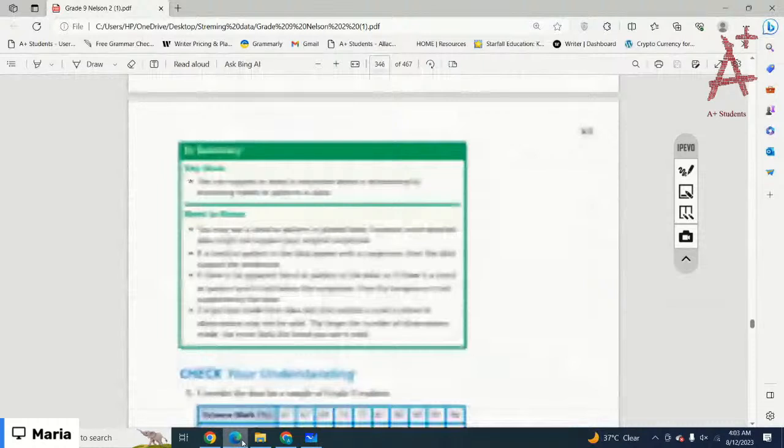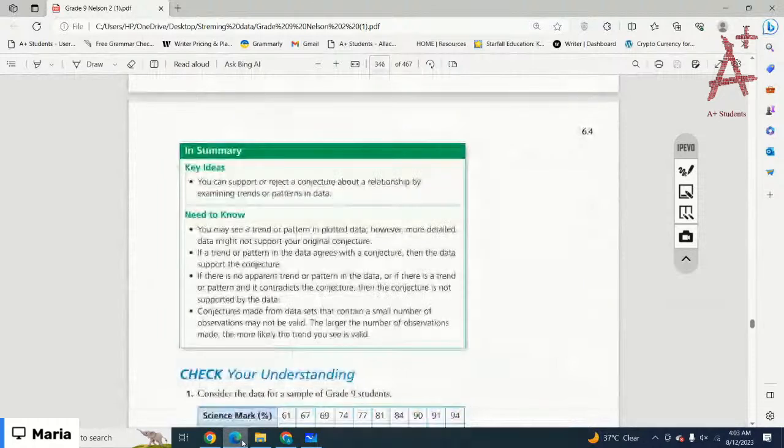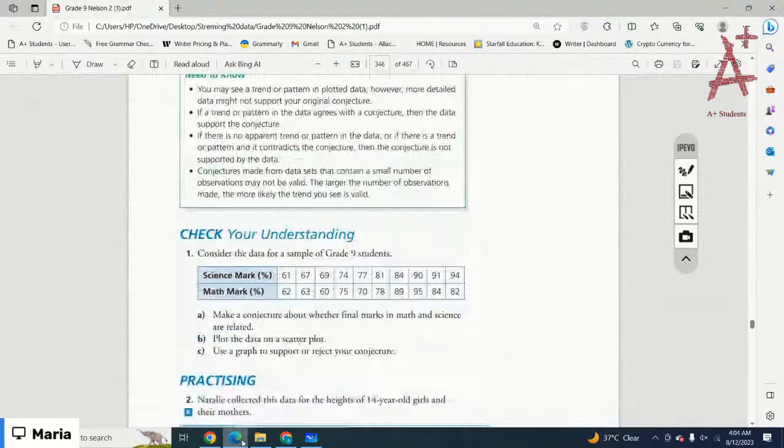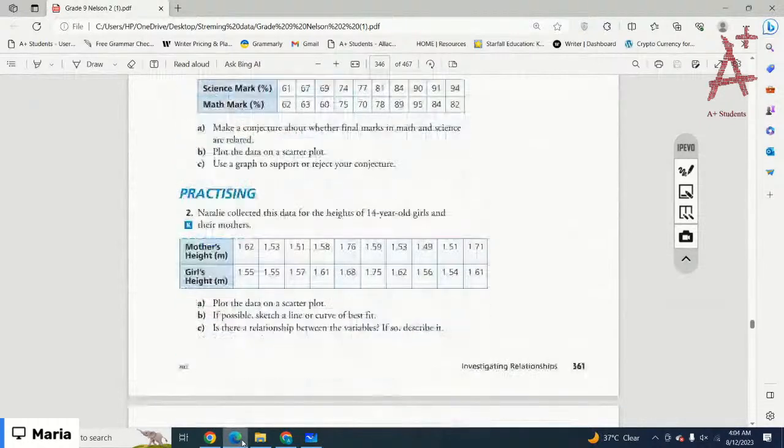If there is no apparent trend or pattern in the data, or there is a trend or pattern and it contradicts the conjecture, then the conjecture is not supported by the data. Conjectures made from datasets that contain a small number of observations may not be valid. The larger the number of observations made, the more likely the trend you see is valid, right? These are the key points from the lesson. So let's start with the practice questions.